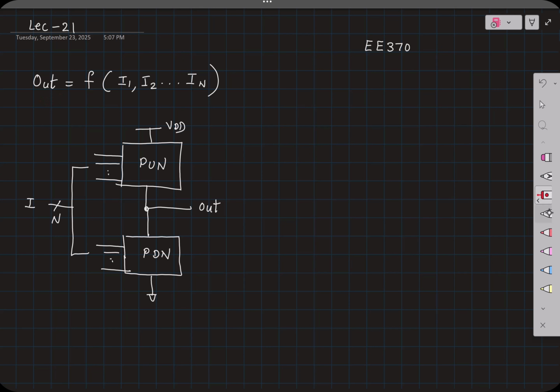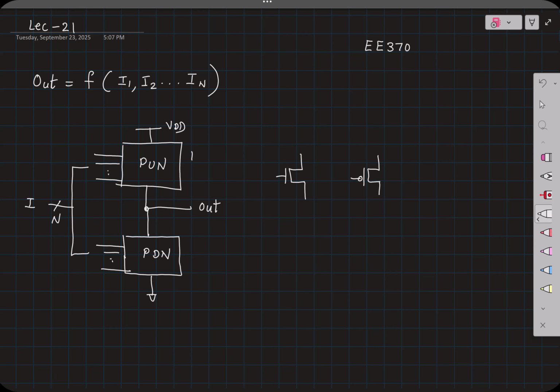Then we saw that we have two types of switches using which we can build our PUN and PDN. What are the two types of switches? You can either use an NMOS transistor or you can use a PMOS transistor, right? And we also analyzed what would be better suited to build a pull-up network. Which one would you use for a pull-up network? NMOS transistor?